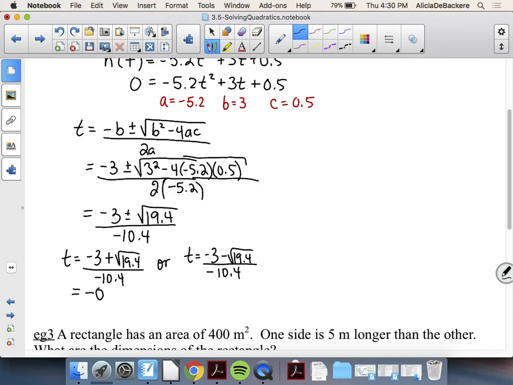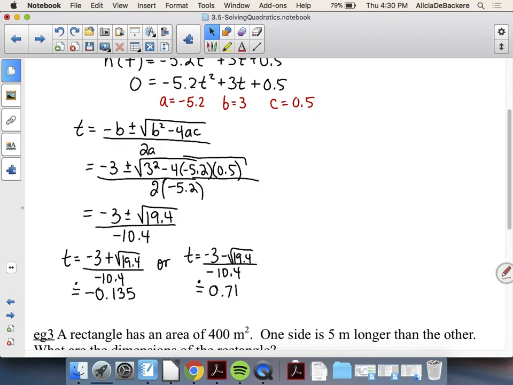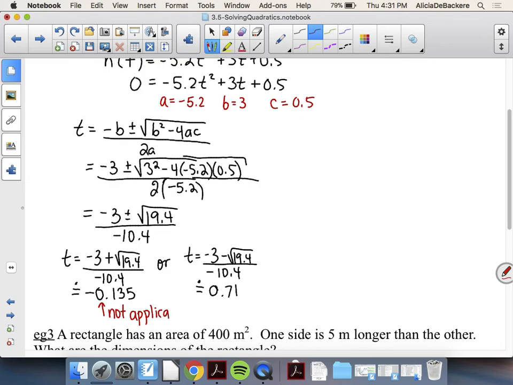For this first one, I get approximately negative 0.135. And for the second one, I get positive 0.71. Now the negative time doesn't make sense because our model starts at 0 seconds. So it's not applicable in this story.